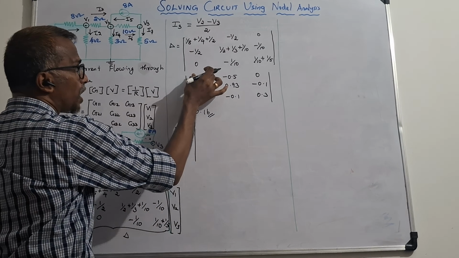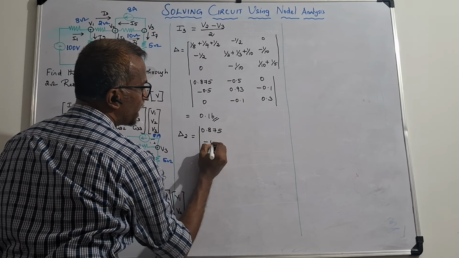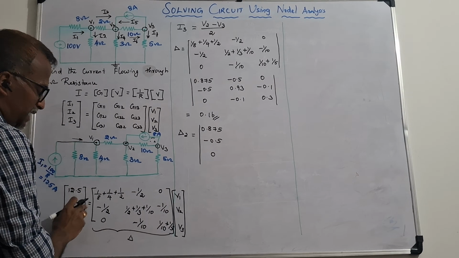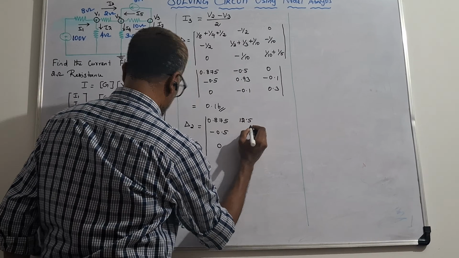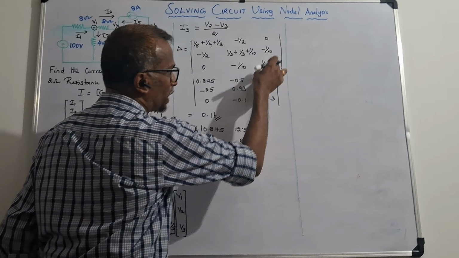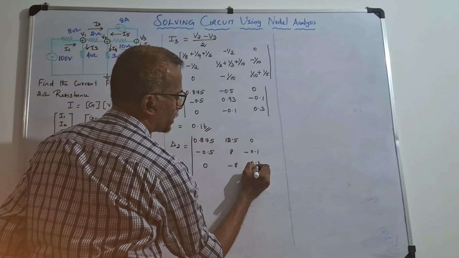Therefore, first column as such, what is the value? 0.875 minus 0.50. Second column I have to replace with this current value, that is 12.5, then 8 minus 8. Then third column you have to write the same values, minus 0.1, 0.3.